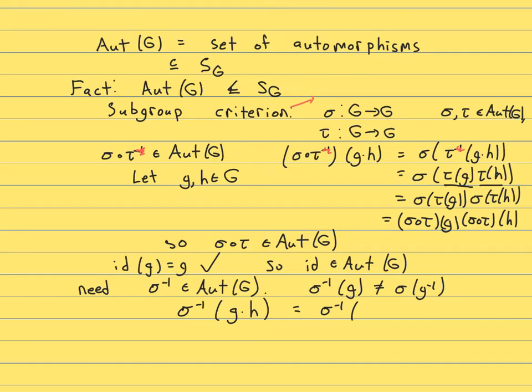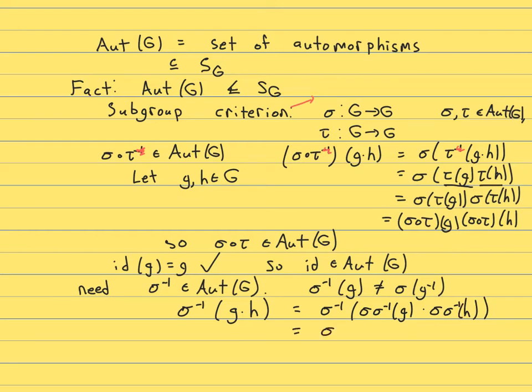Well, there's two options. You'd either introduce it here as sigma inverse, or you'd introduce it on each factor. You think carefully and you try both, and you discover the appropriate approach would be this approach, or you introduce it on each factor separately.